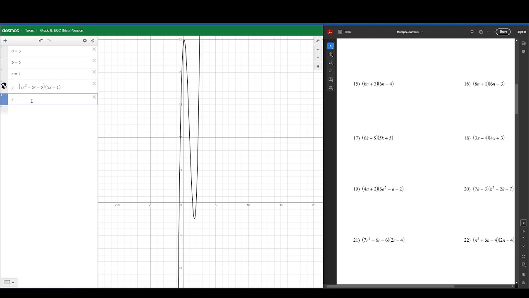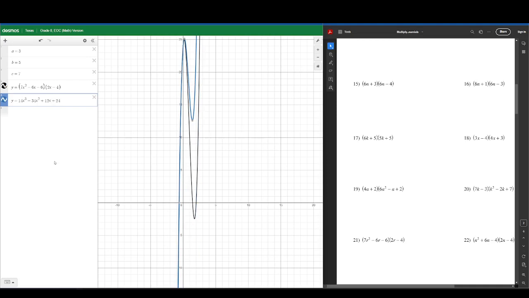All we care about is the answer that we type in is going to perfectly overlap with it. And if we do it right, of course, it will. So here we would have 14x to the third, and then minus 6x squared minus 28x squared is minus 34x squared. And then we have plus 24x, and minus 12x is plus 12x. And then we have plus 24.